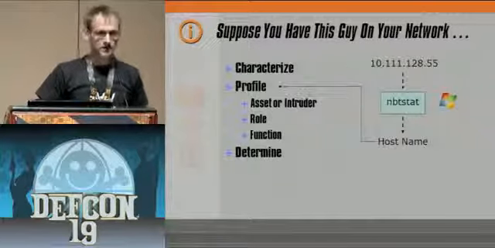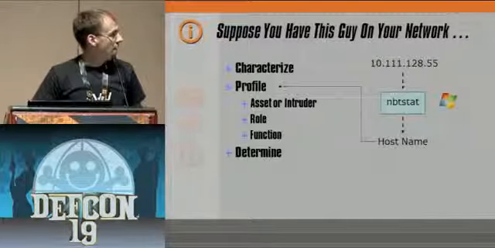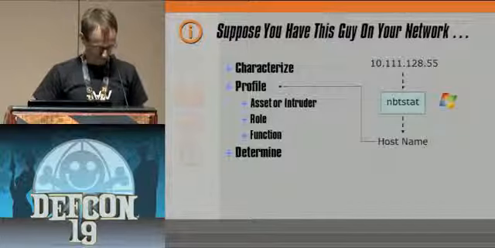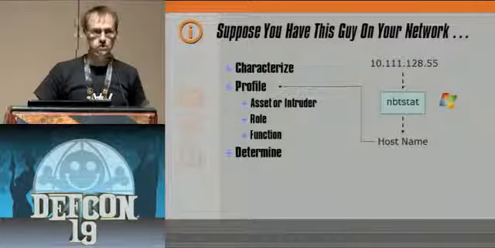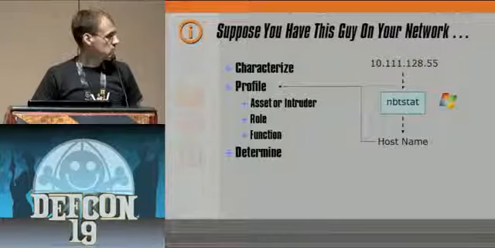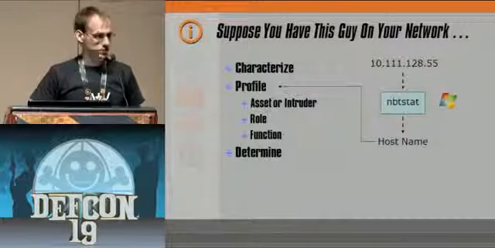When profiling, it is important for me to be able to identify my source, and that often begins with a host name. Names are one way to quickly categorize a host as an asset or an intruder, and can often lead to an easy identification of the source.